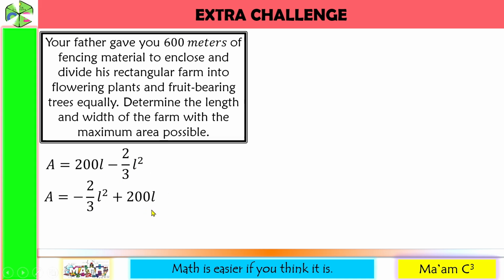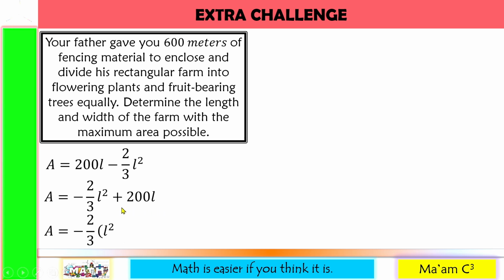And then I am going to factor out negative 2/3. When I factored out negative 2/3 from negative 2/3 of L squared, what was left is simply L squared. Now I'm going to factor out negative 2/3 from 200L. So how are we going to do it?